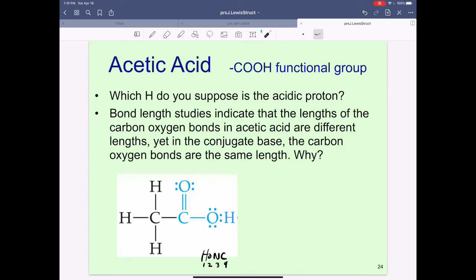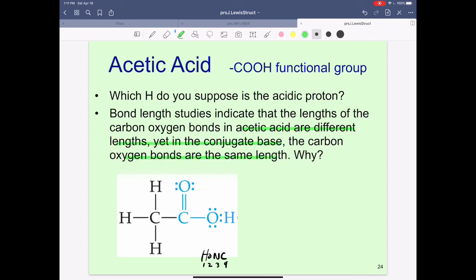So AP might not ask you to explicitly draw resonance structures, but instead they might say bond length studies indicate that the lengths of the carbon-oxygen bonds in acetic acid are different, yet in the conjugate base, the oxygen bonds are the same length.